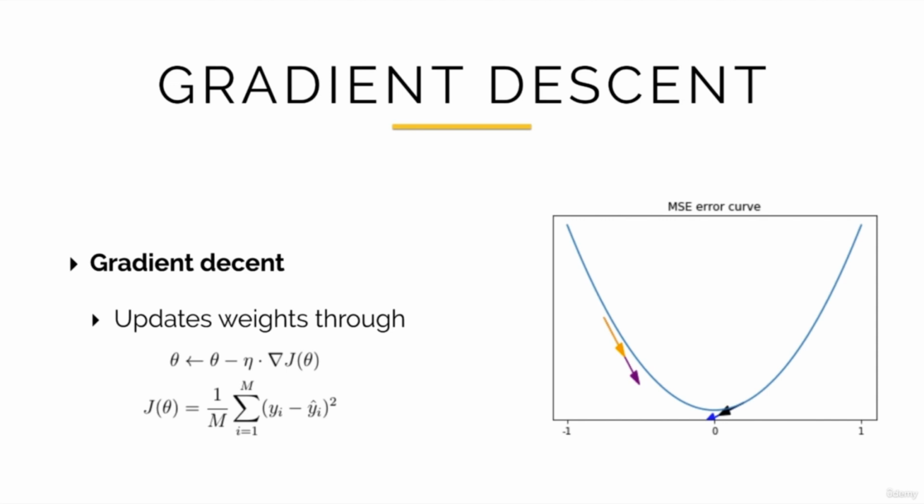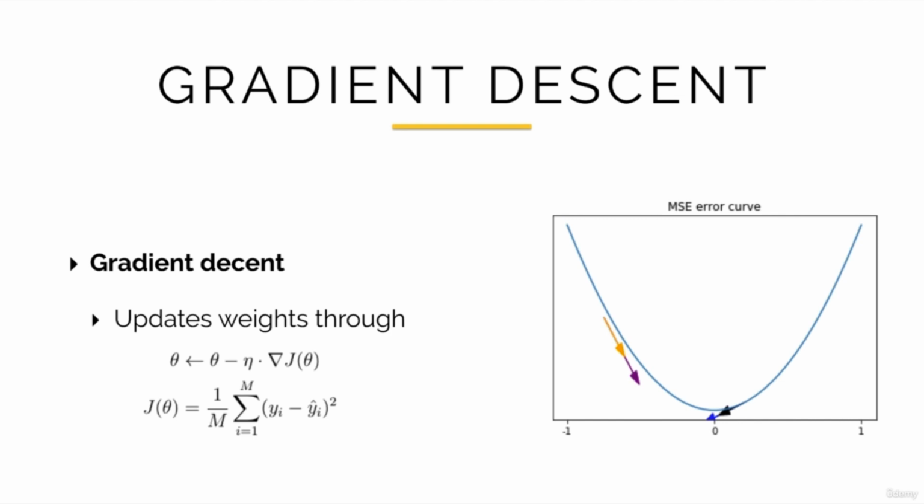The mean squared error is just a quadratic equation, which is just this square here. And we can see that what gradient descent does is take our current weights and shift them by the learning rate times the gradient of wherever we currently are on our cost function.